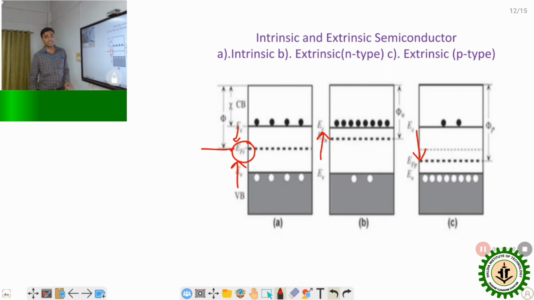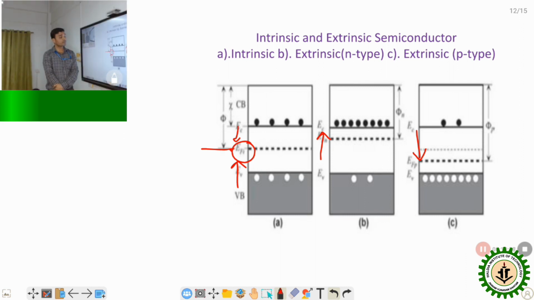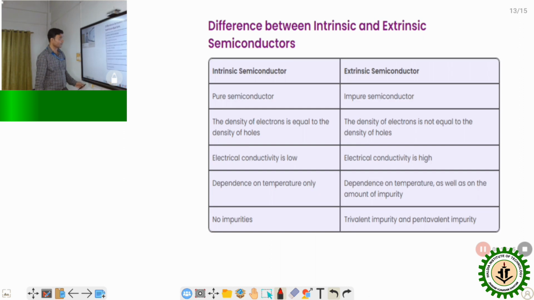So why is doping required? Basically to increase the conductivity of the semiconductor. That's why doping is essential. On the basis of the type of dopant, pentavalent and trivalent, the semiconductors are divided into n-type and p-type. This is the basic difference between intrinsic and extrinsic semiconductors.